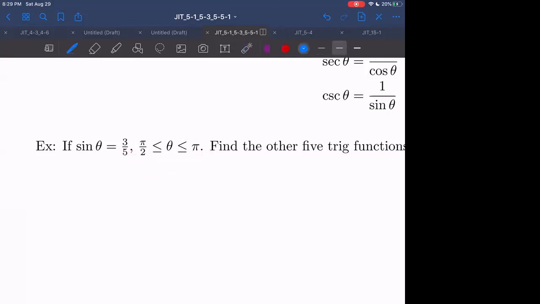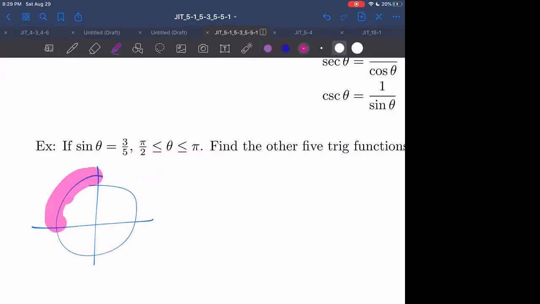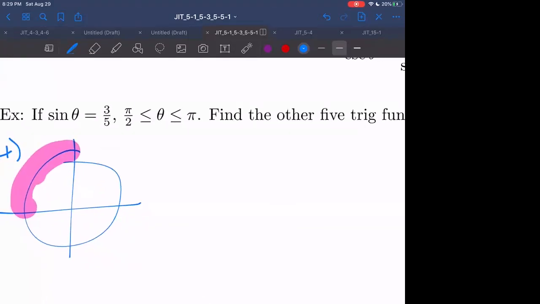So that would be quadrant 2, which means that our cosine is going to be negative and our sine will be positive. Okay, which will be important in just a minute. So we're given sine, so we'll need to find cosine first.